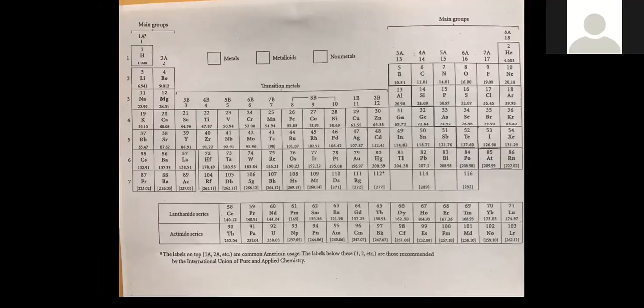And if you don't remember the difference between a column and a row, columns hold up buildings. Okay. So a column is a group. And groups have recurring properties, meaning that the elements in a group will act similarly to each other, okay? And we'll talk more about why that is, once again, on Friday.